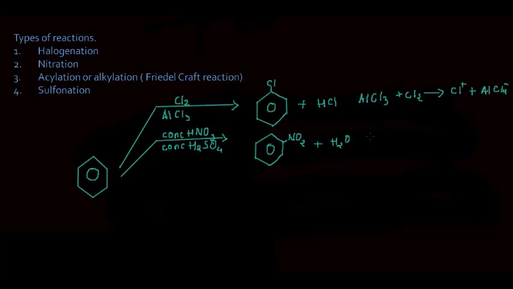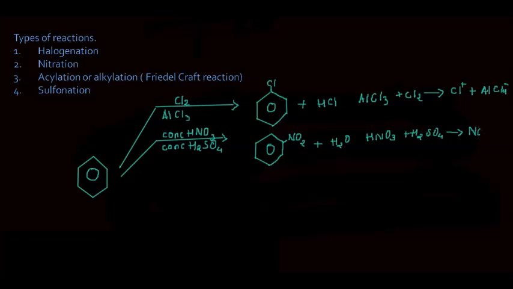Again, the main part is played by the catalyst to generate the electrophile. In this case, the electrophile is obviously NO2+. So when nitric acid reacts with concentrated sulfuric acid, it produces the electrophile nitronium ion.